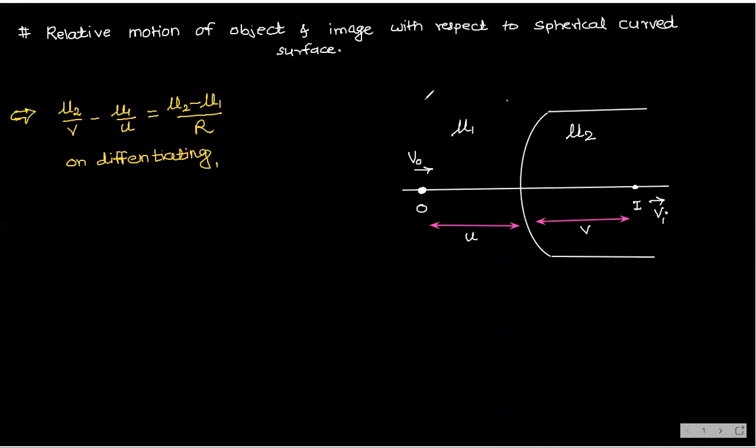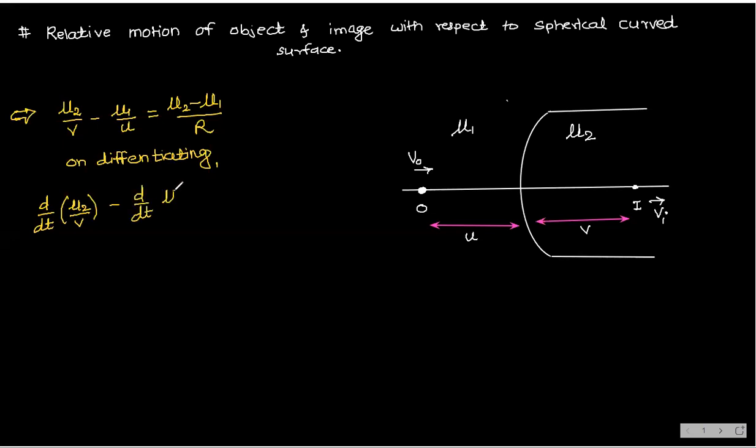Listen, stepwise I am doing this differentiation, try to understand. d/dt of mu2 by v minus d/dt of mu1 by u is equal to d/dt of mu2 minus mu1 divided by R. Is that clear?